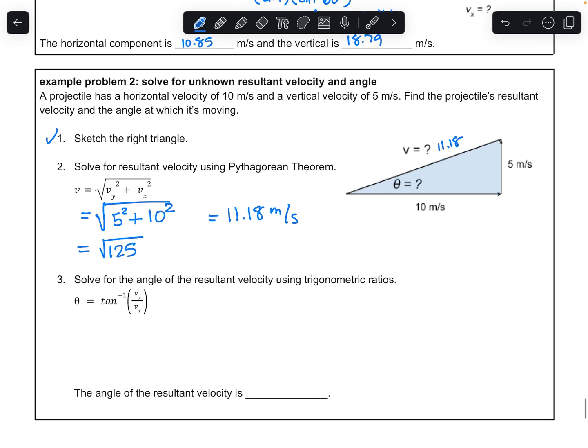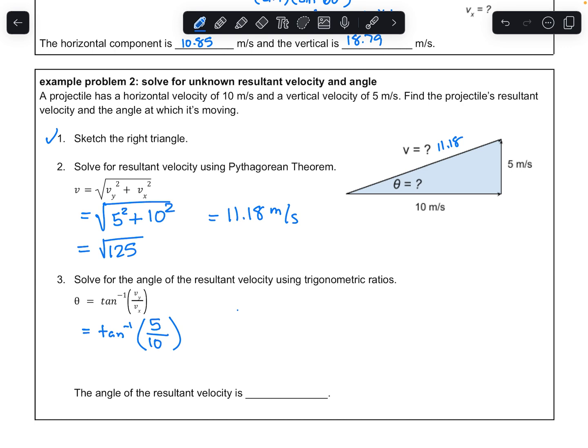Solve for the angle of that velocity. Here we go. We're going to use that inverse trig ratio. I'm going to find the inverse tangent of the y component over the x component. On your calculator, you'll need to use the second function to get at inverse tangent.